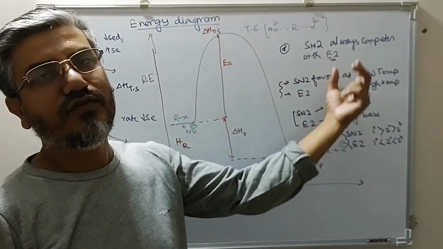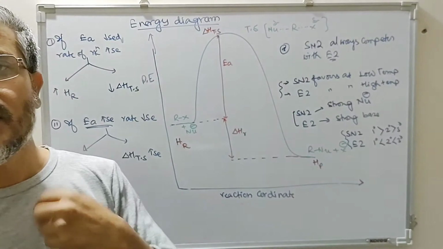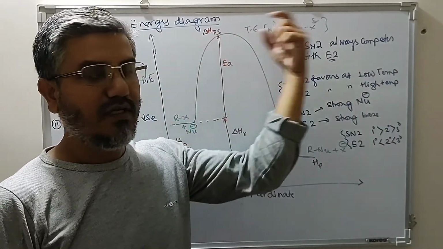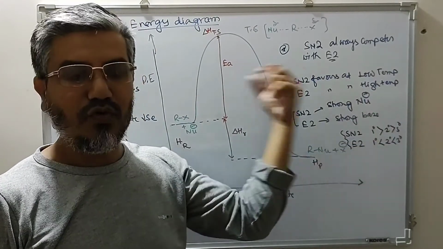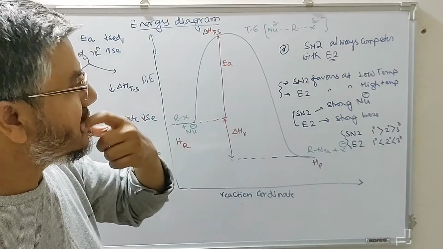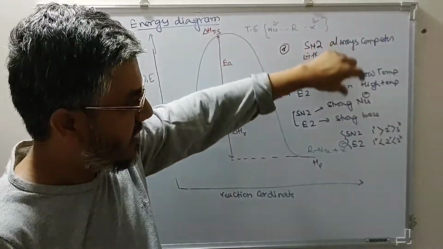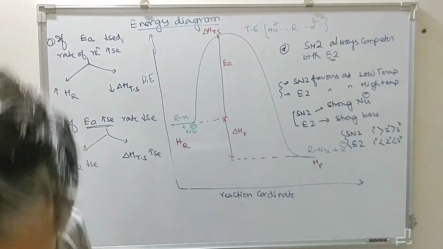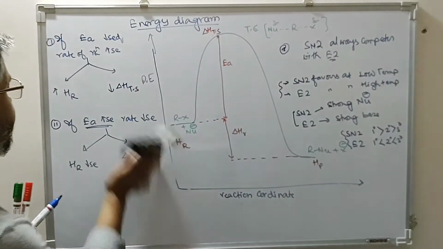In both cases we require a weakly polar or non-polar solvent. Both are order 2, both molecularity 2, both occur in a single step, but there is always a competition here. So for this we have to check temperature as well as the basicity or the nucleophilicity. I'll just give one example here.